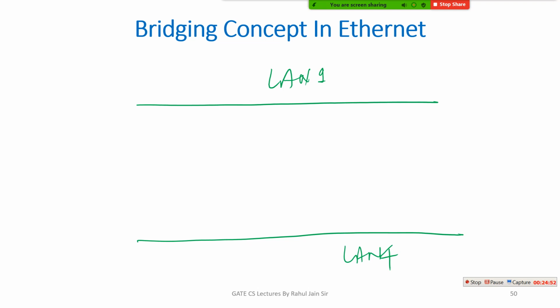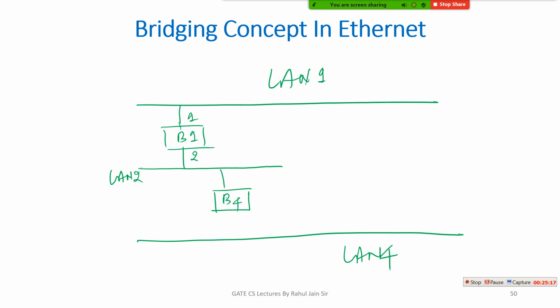Suppose this is lane 1, this is lane 4, and lane 1 is connected with a bridge named bridge 1. Bridge 1 has the first port here and the second port here. The second port is further connected to lane 2, and lane 2 is further connected to lane 4 via bridge 4, with port number 1 and port number 2.